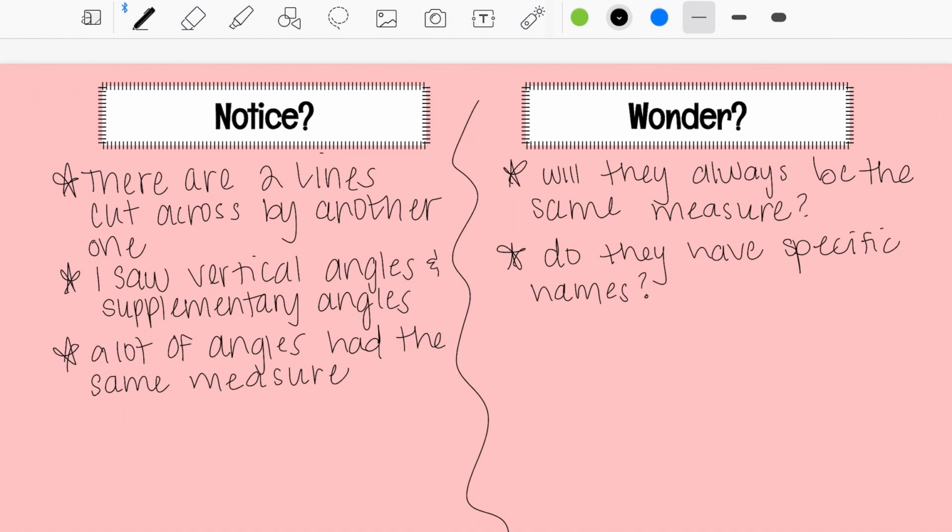I also noticed that as it moved, a lot of the angles still had the same measure even though I was moving the lines. I wondered if they're always going to be the same measure. And then I wondered if some of them have specific names. So we're actually going to move on and address some of these wonders.